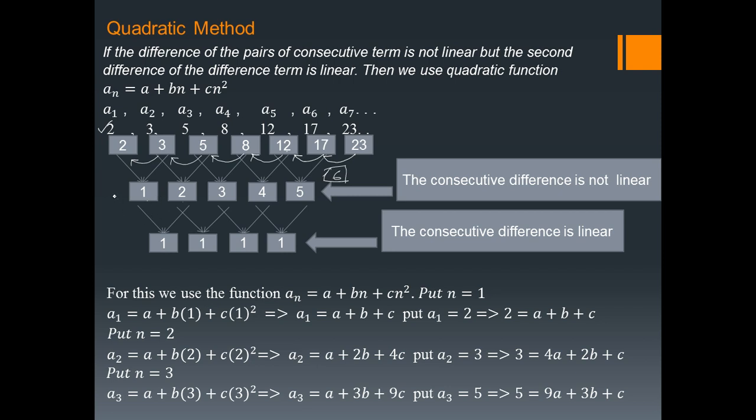Now further, these are the sequence of the differences. Now if we again subtract the differences, first term from the second, we are getting 1, that is subtracting 1 from 2, subtracting 2 from 3, we are getting 1, subtracting 3 from 4, we are getting 1, subtracting 4 from 5, we are getting 1, subtracting 5 from 6, we are getting 1.